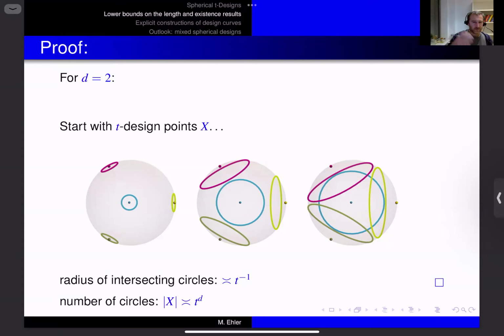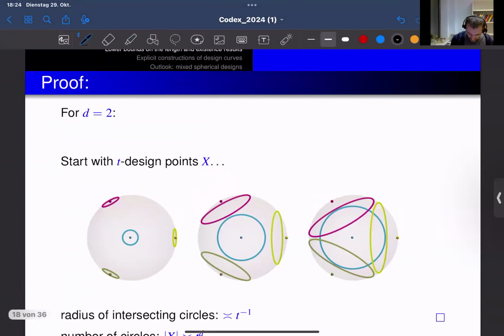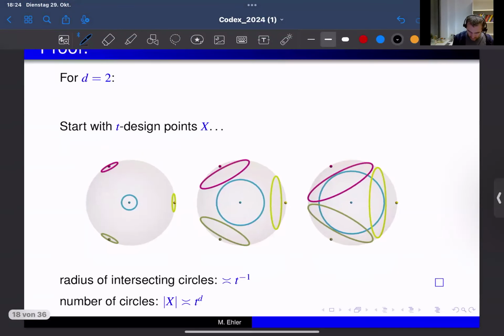So the length of everything together, of all these circles, is, well, the circumference of one circle, but this is also on the order of its radius, so t to the -1 times the number of circles, and the number of circles is t to the d.